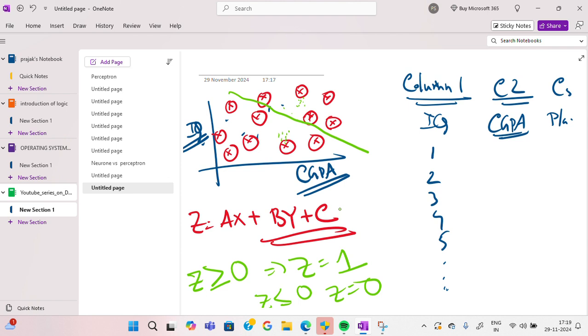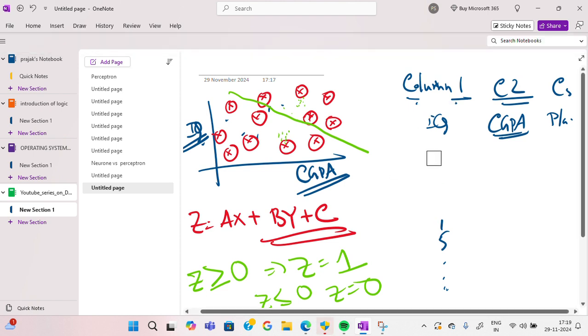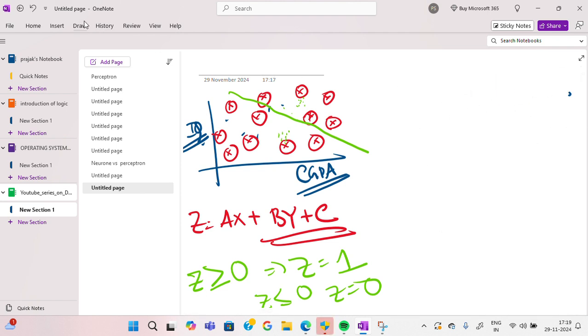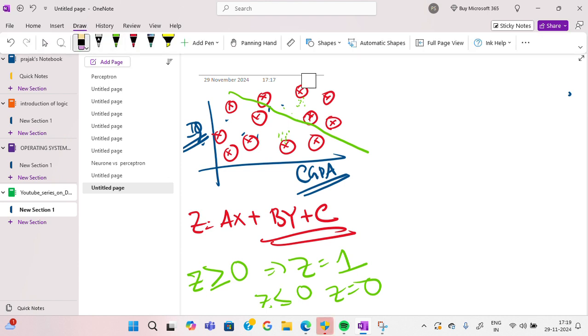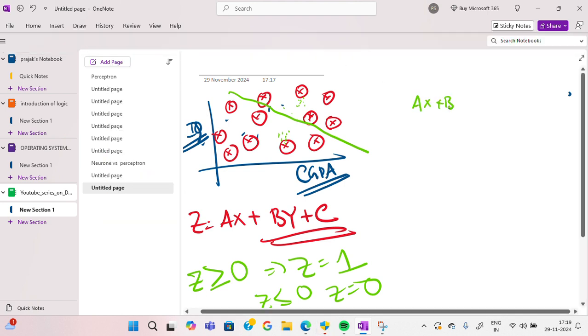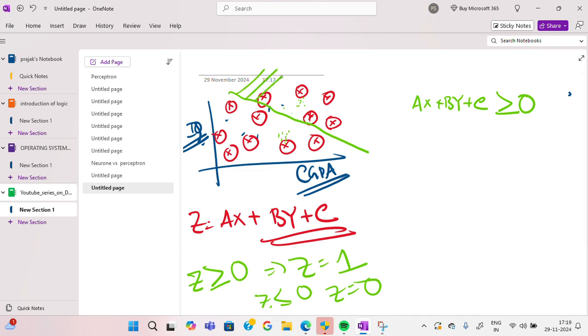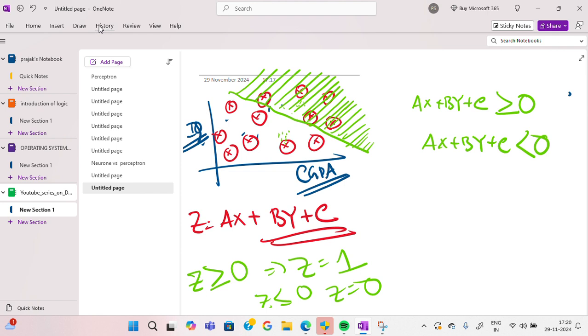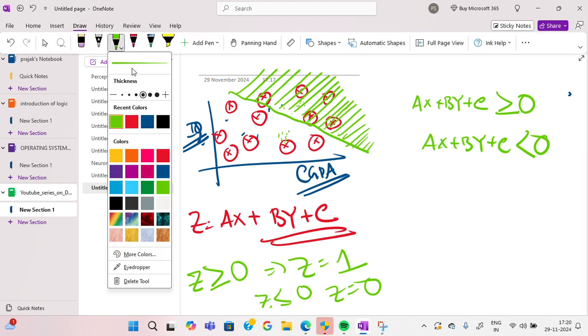So ax plus by plus c greater than 0 means the positive side, this side, and ax plus by plus c less than 0 means this side.